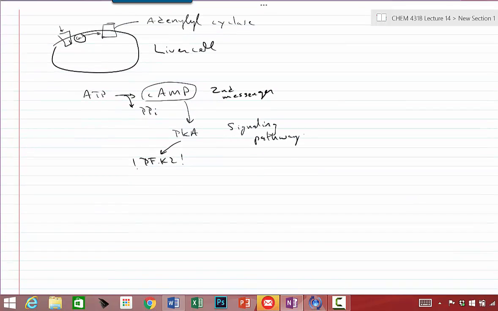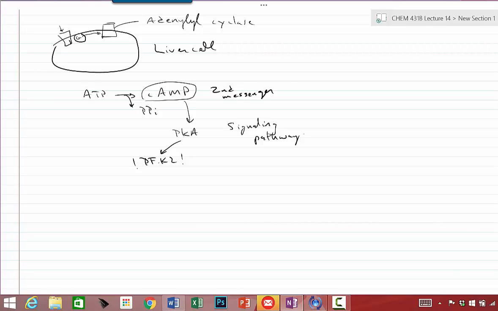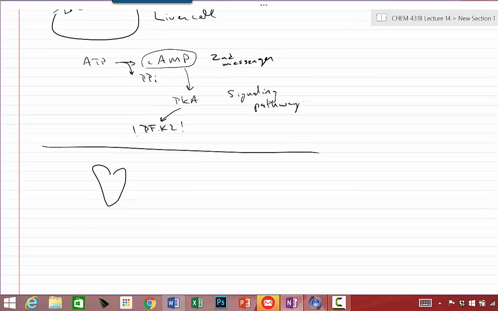All right. What about the heart? In the heart, you also have this phosphofructokinase 2. Phosphofructokinase 2.